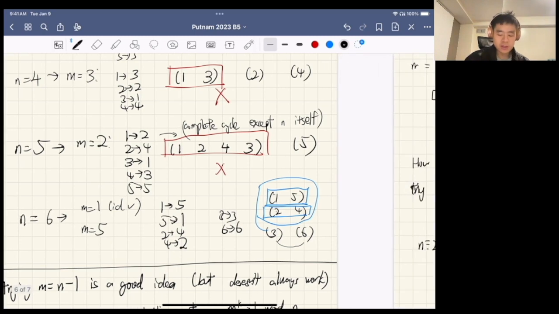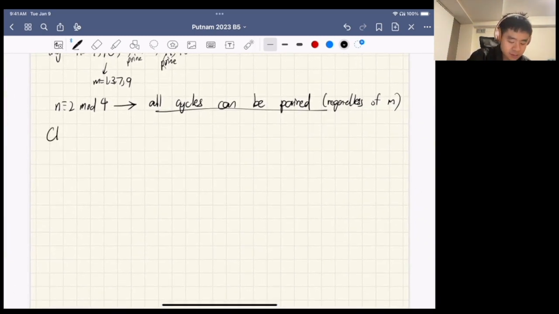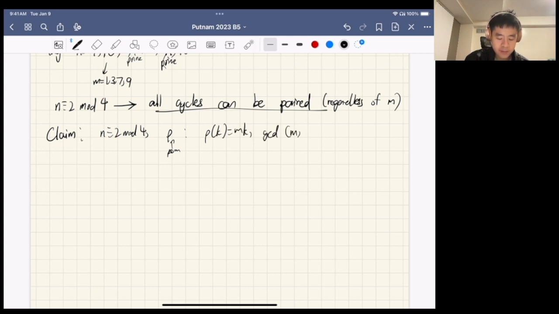So the claim here is that when n is congruent to 2 mod 4, let rho be the permutation such that rho of k equals mk, and GCD of m and n equals 1, so they are relatively prime to each other.